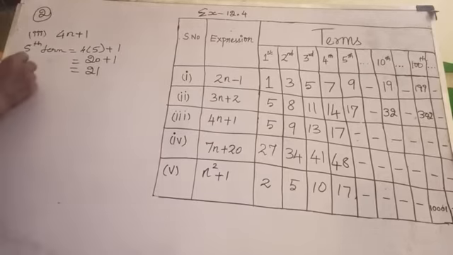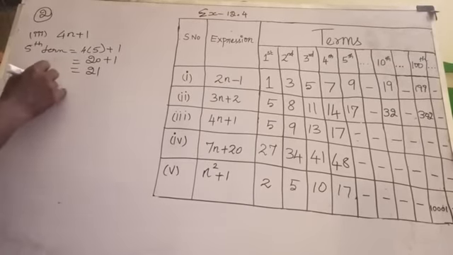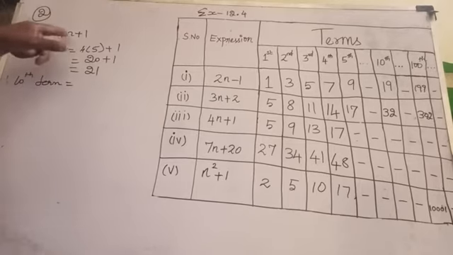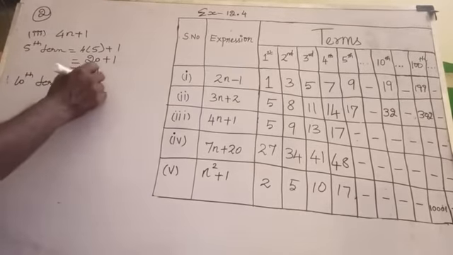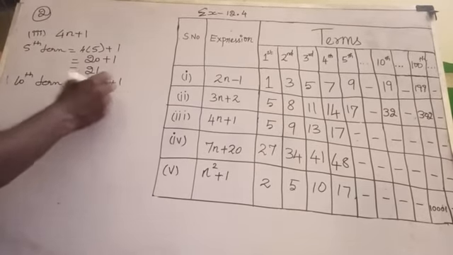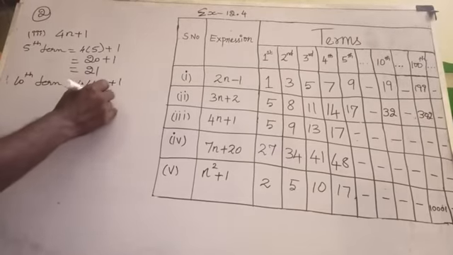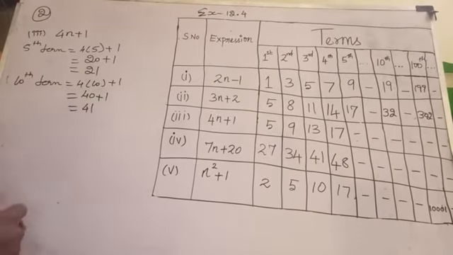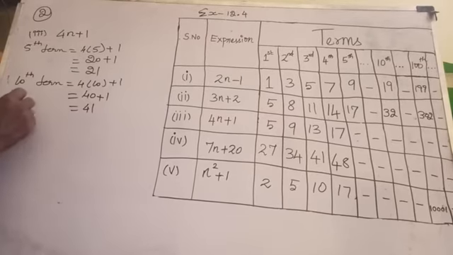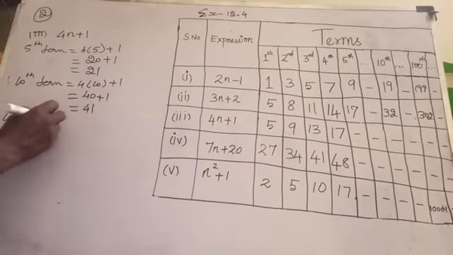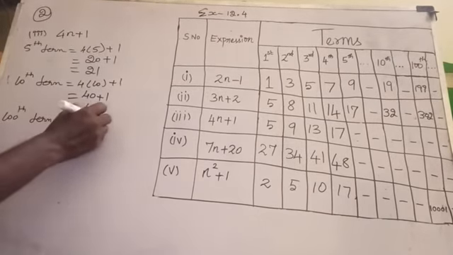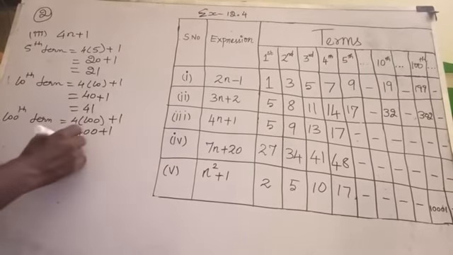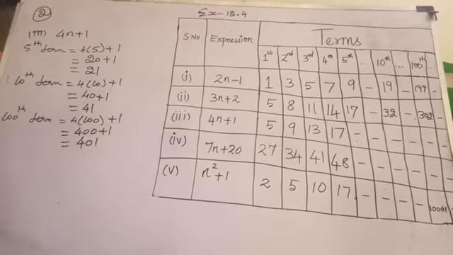And then the 10th term. Substitute n equal to 10 in the expression 4n plus 1. So 4 times 10 plus 1, 4 into 10 is 40, 40 plus 1 is 41. And then the 100th term is 4 into 100 plus 1, which is equal to 400 plus 1, which is equal to 401.